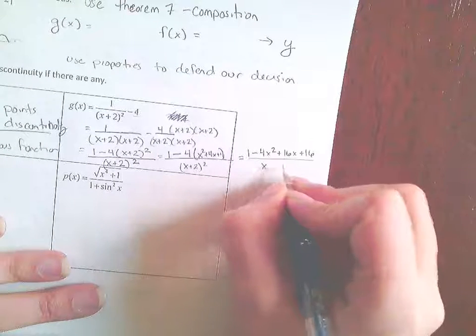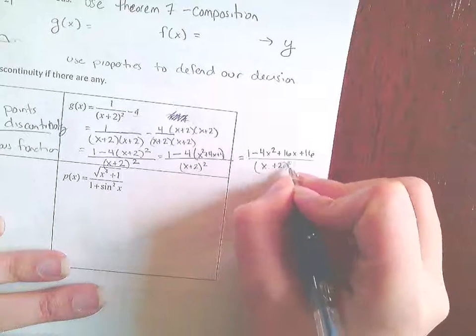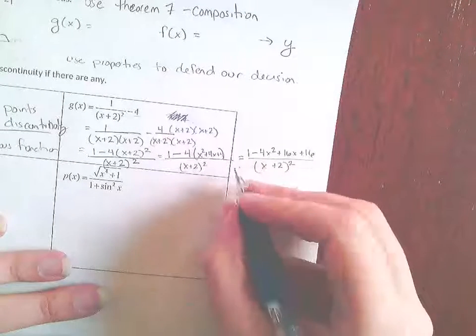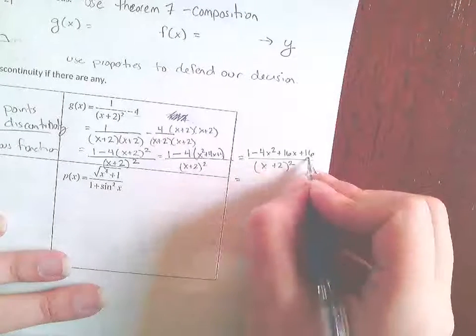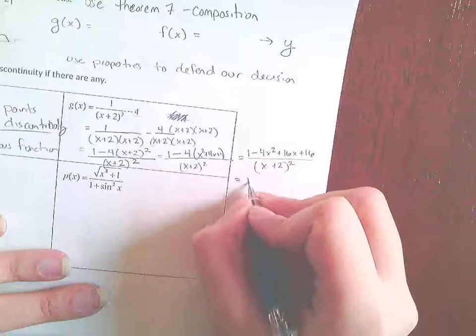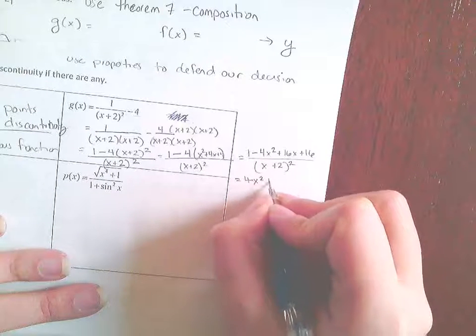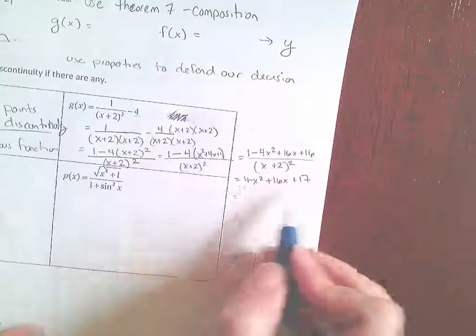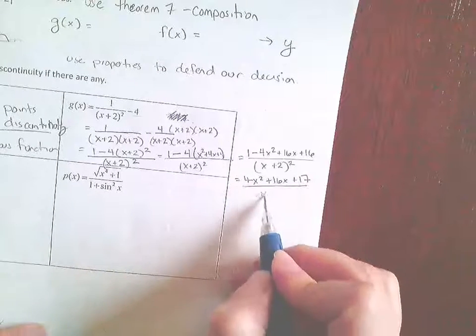It doesn't look like we're actually going to be able to cancel out any denominators, but it is a possibility in some problems. So 1 plus 16 is going to be 17, so we're left with 4x squared plus 16x plus 17. And obviously, these are not going to be the same factors.